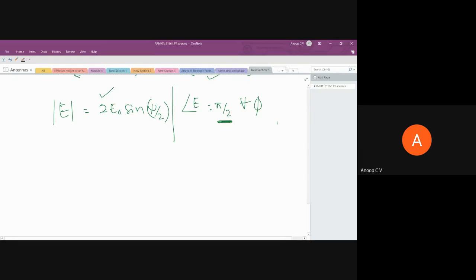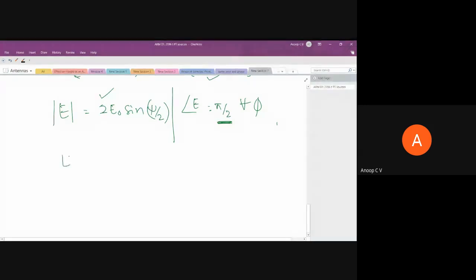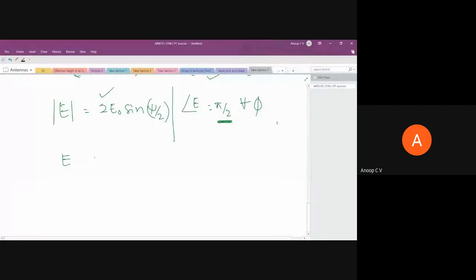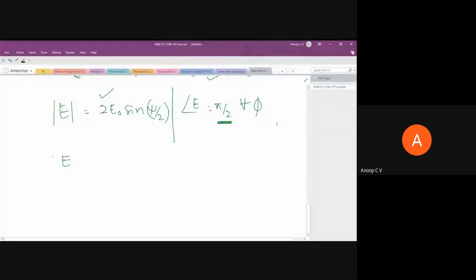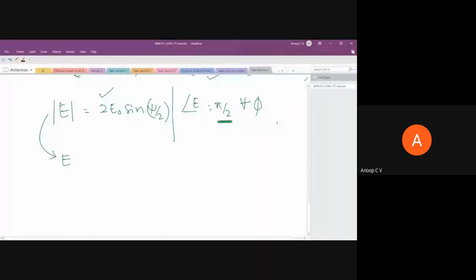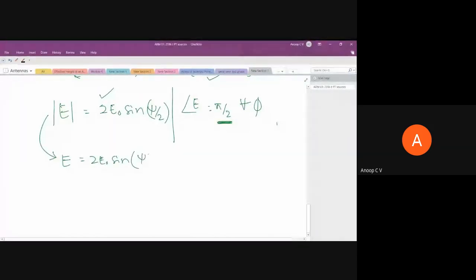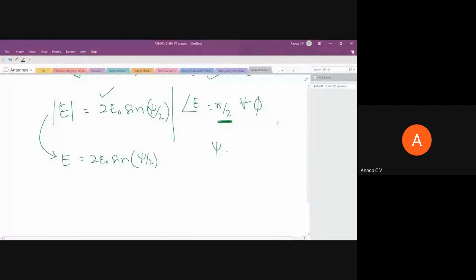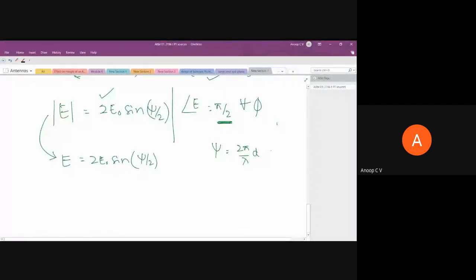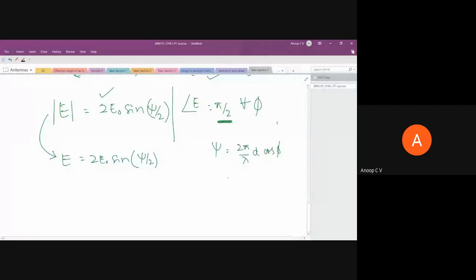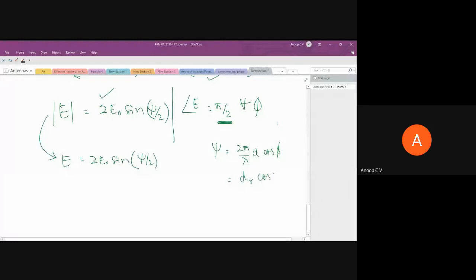So unless otherwise specified, when I write E, we are interested in the magnitude pattern. So E, I will write, is 2E naught sine psi by 2, where psi, if you remember, is 2 pi by lambda times d cos phi, or as mentioned in your textbook, it is dr cos phi.